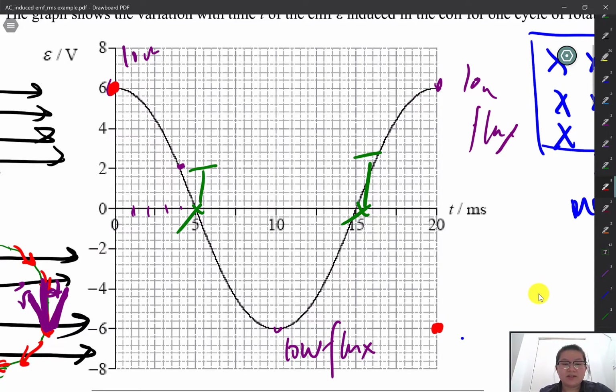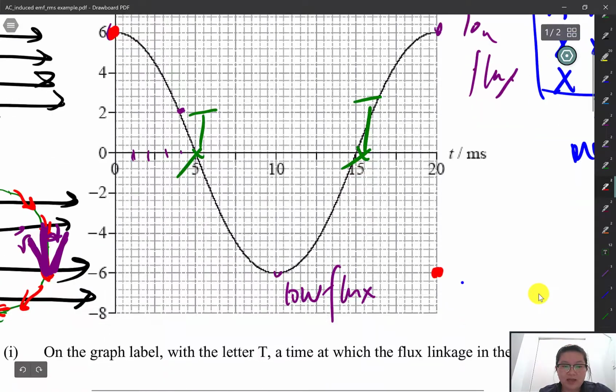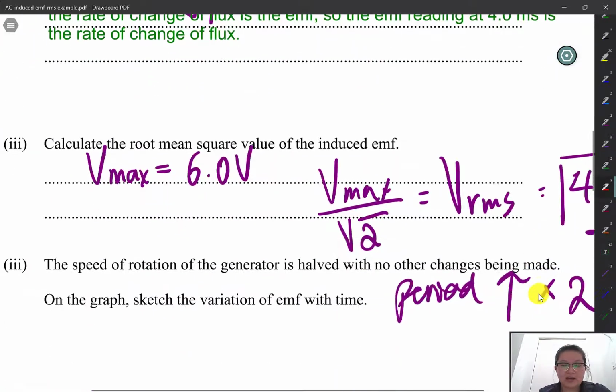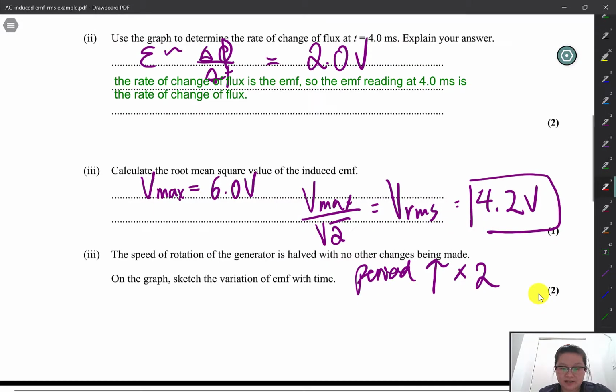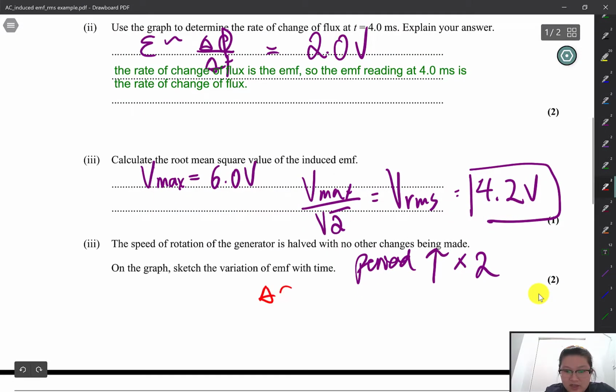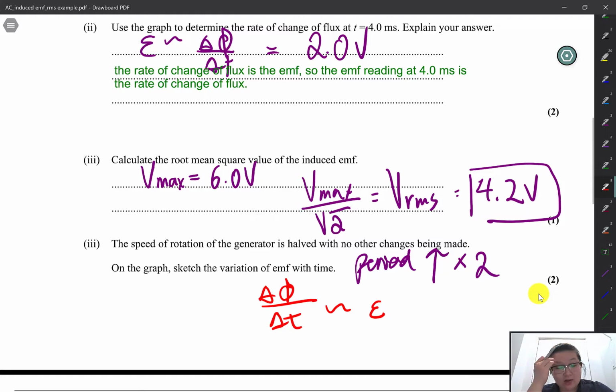Okay, so that's the first thing. But we can't just draw everything in yet, because we also know something else. We know that the rate of change of the flux is directly proportional to the EMF. So since the generator slows down, the EMF induced will actually be lower, because the rate of change in the flux linkage is also halved.